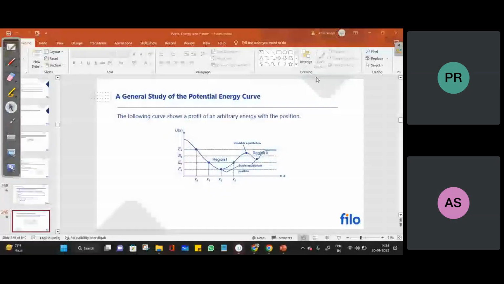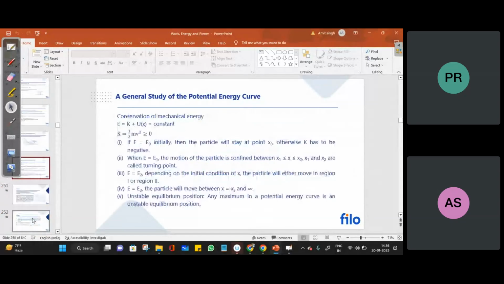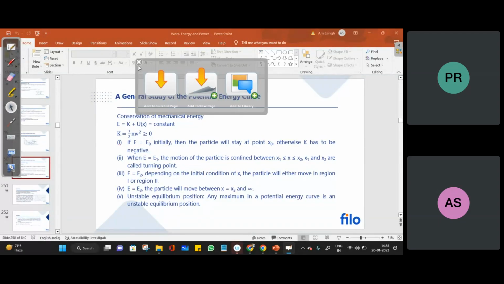Okay. So now we can go to the questions. Here you have to understand that the total mechanical energy of a body, we simply write it as kinetic energy plus potential energy. That you already know.